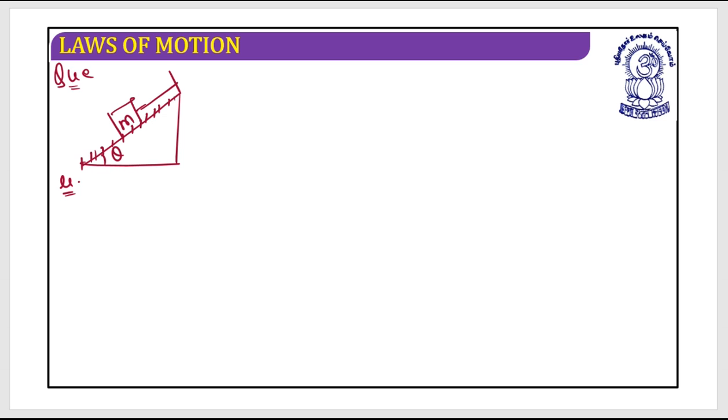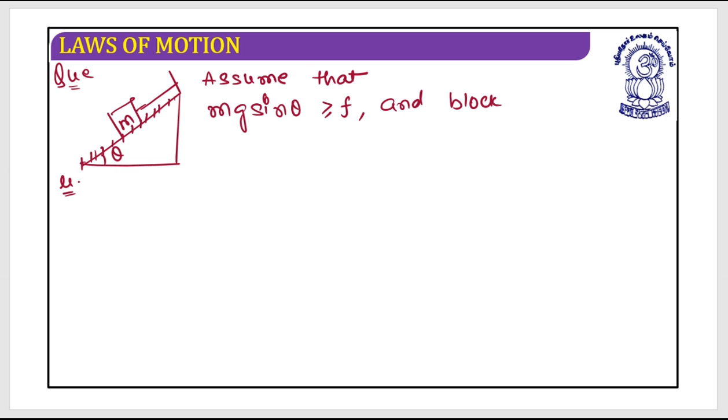Now this says that assume that mg sine theta is greater than or equal to friction, and this block is at rest.